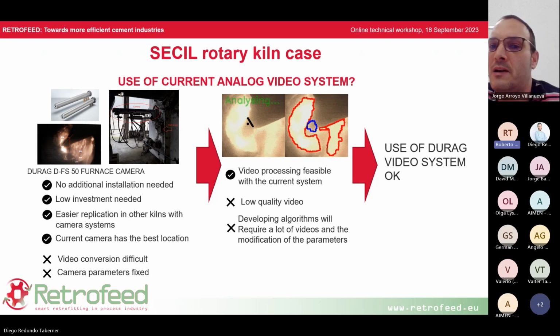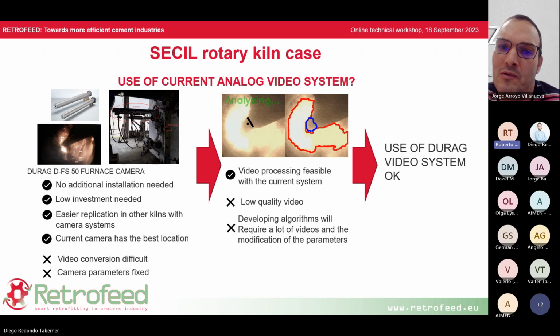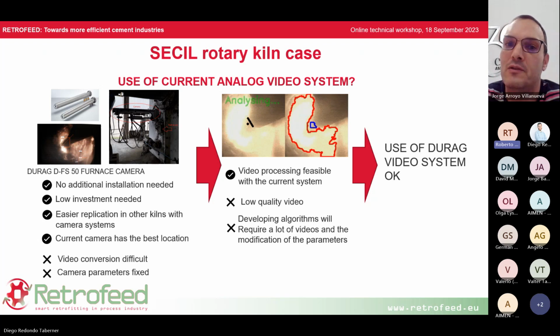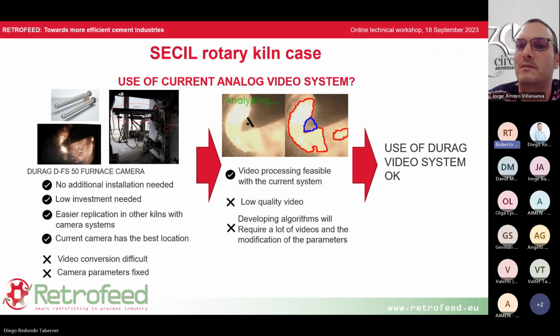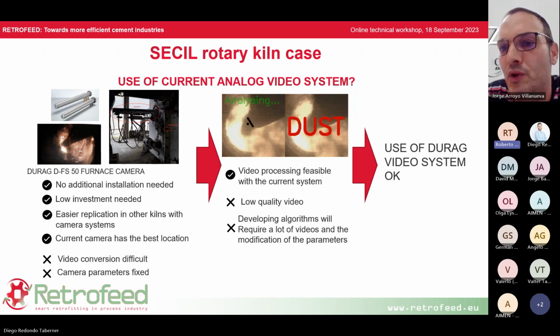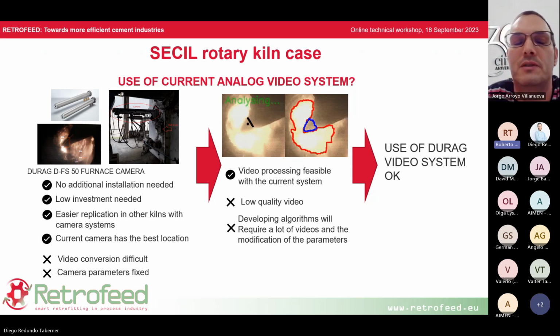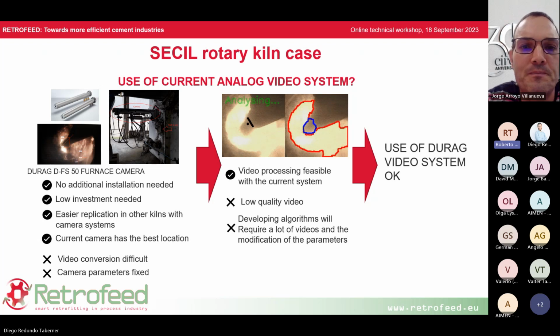But we had low quality videos, and we knew that we were going to need a lot of videos to train the algorithm successfully. But the idea of the project is to use a currently installed video system. Next slide, please.